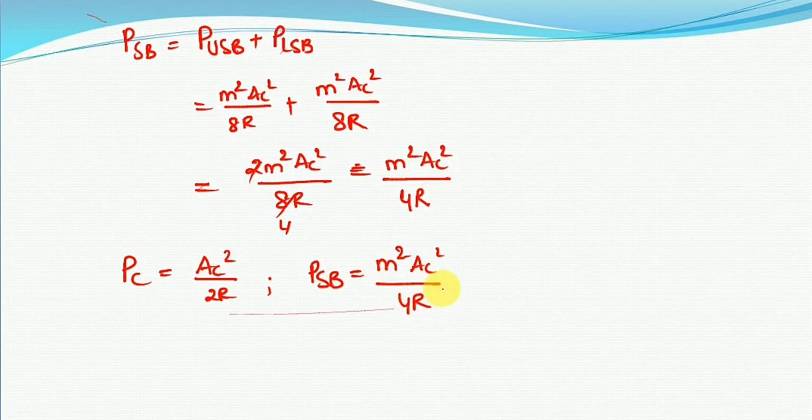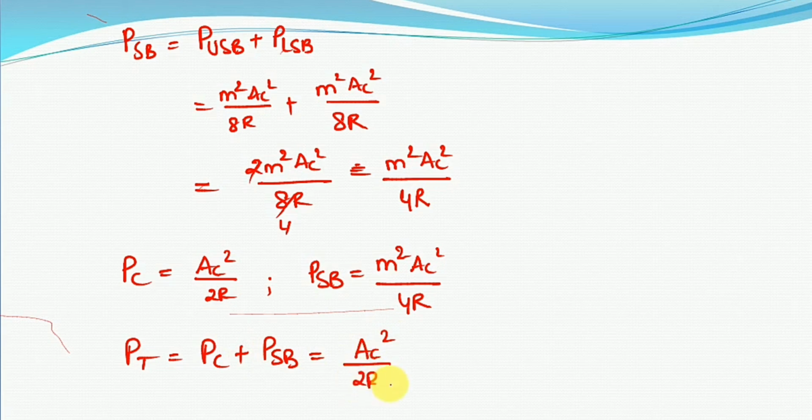So I can write the total power PT as PC plus P sideband, which is equal to AC square by 2R plus m square into AC square by 4R. Now take common AC square by 2R. If I take common AC square by 2R, then it is 1 plus m square by 2.